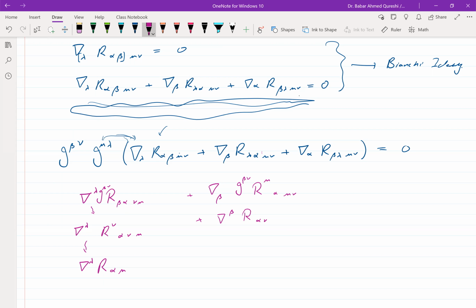What was the structure over here? I got D lambda and beta nu. What did they do? They raised the index, so I should have no mu in my equation and no lambda in my equation.